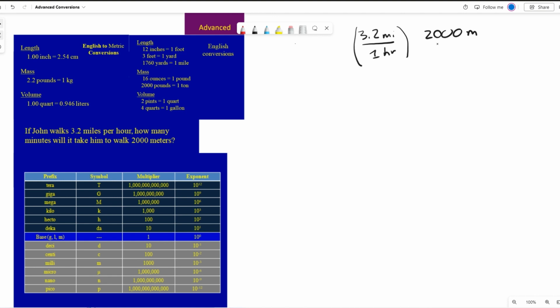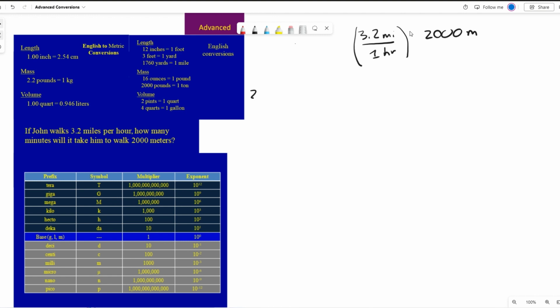So our first step is going to be converting these 2,000 meters into miles so that we can then use this 3.2 miles per hour as a conversion factor to cancel out units. So let's begin by converting 2,000 meters into miles.